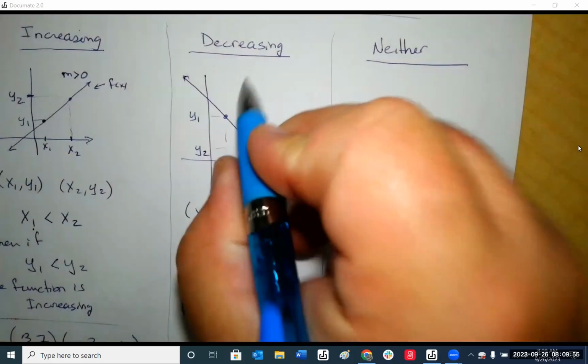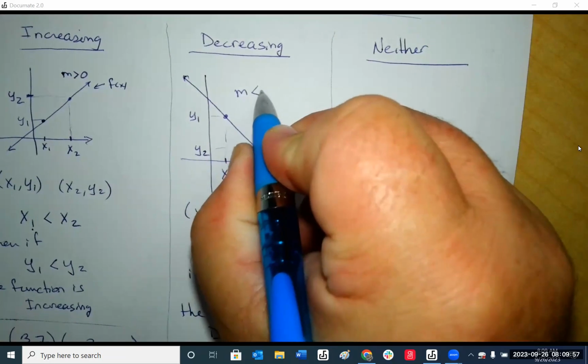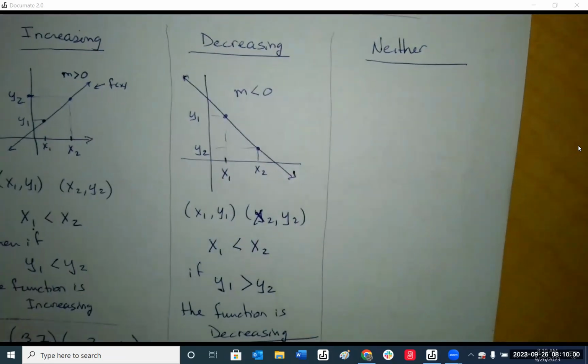And of course, we see here that the slope is negative. If you want to do the slope way, you get a negative slope.